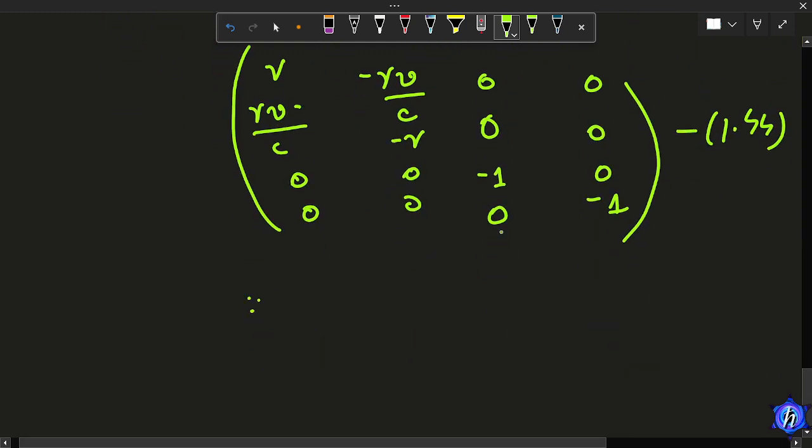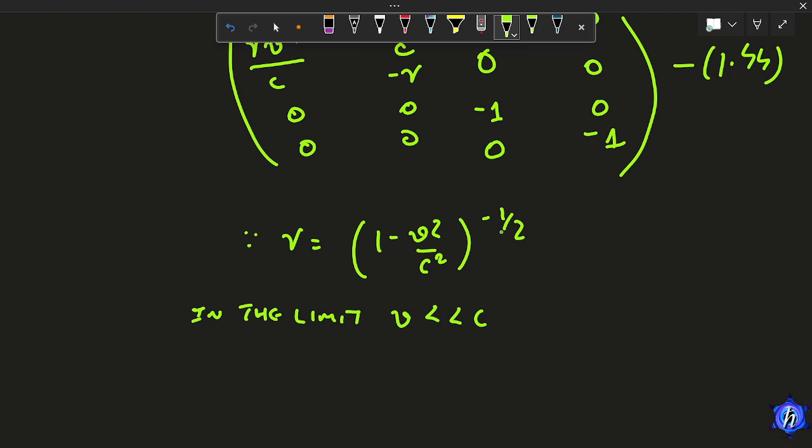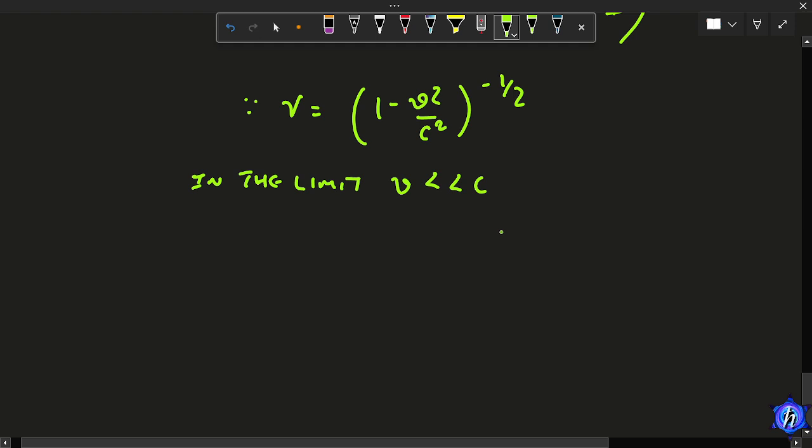But we know that gamma is given the value 1 minus v square by c square to the power minus half. So in the limit where v is much smaller than c, we can use the Taylor or binomial expansion, any expansion that we want.